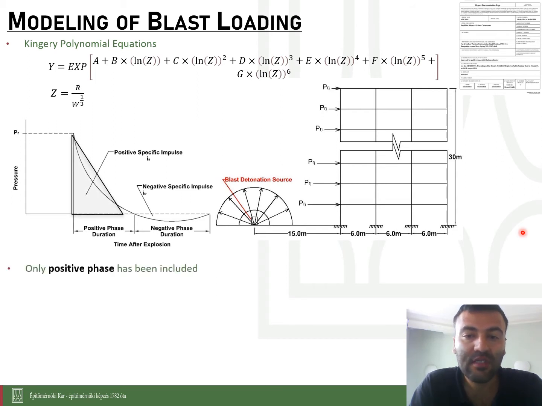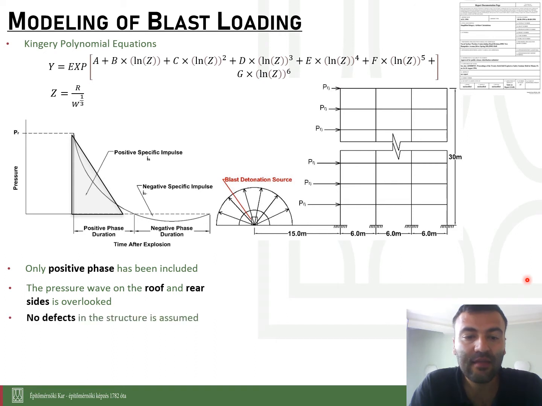There are some points I should mention about the modeling of blast loading. First of all, the pressure is applied on the front face only, and there is an assumption that there is no defect in the structure, because if there is, then the inclusion of the negative phase is a must.